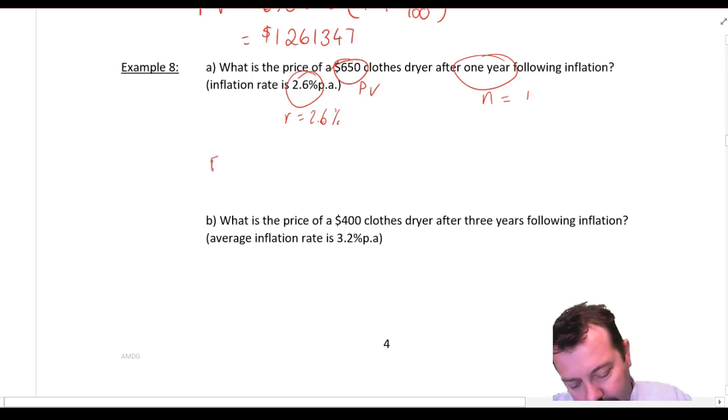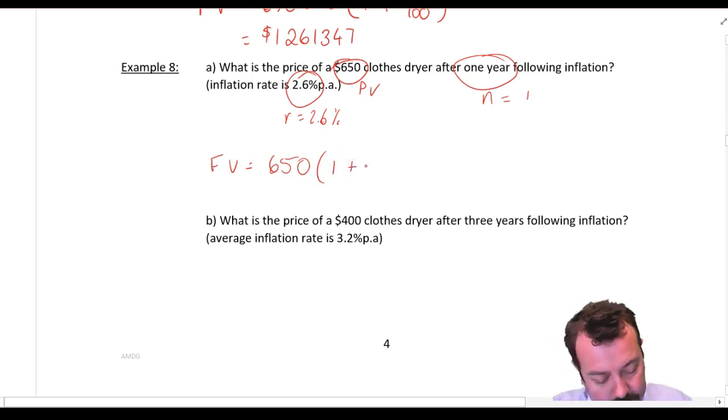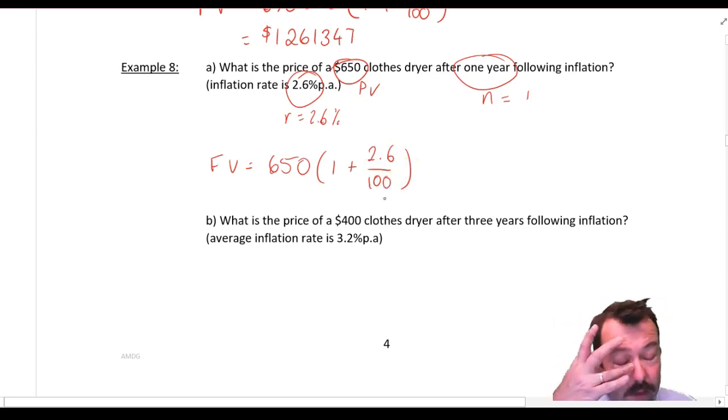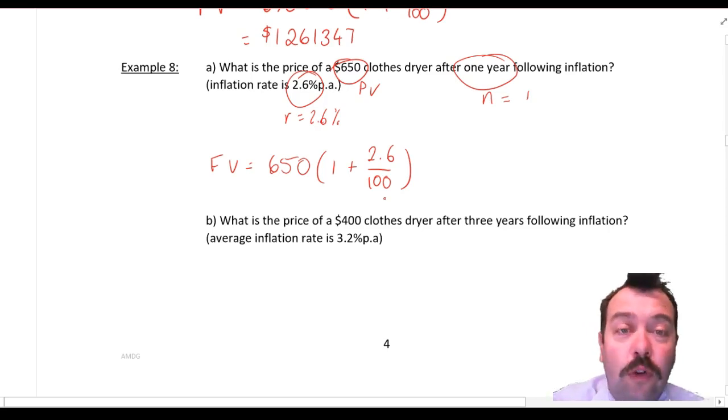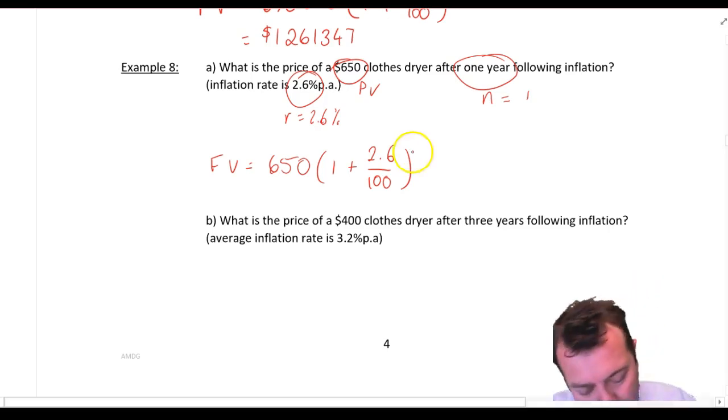So my future value is 650 outside of 1 plus 2.6 over 100. Now I could say it's to the power of 1, but that's not really going to do much for me, is it? So let's write it in.